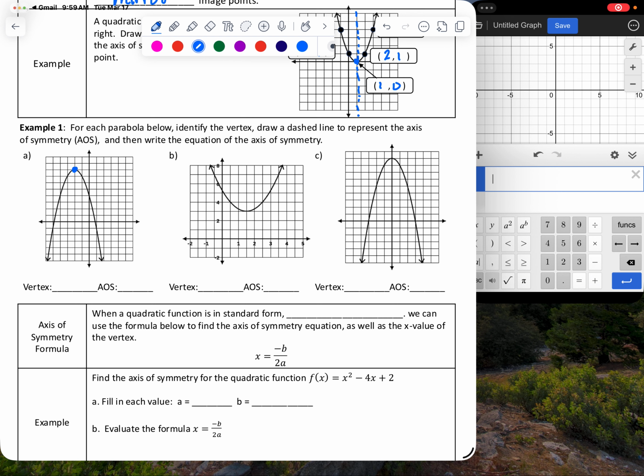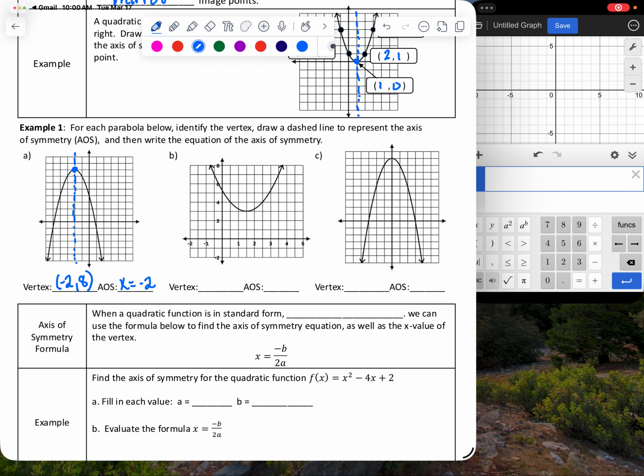Our vertex in this graph would be negative 2, 1, 2, 3, 4, 5, 6, 7, negative 2, positive 8. Our axis of symmetry would be the vertical line that goes through the vertex, so the equation of that vertical line would be x equals negative 2.